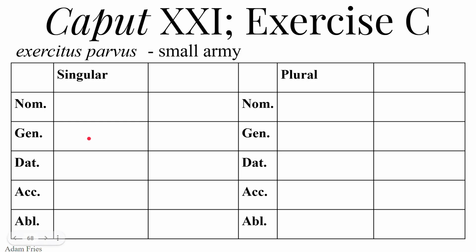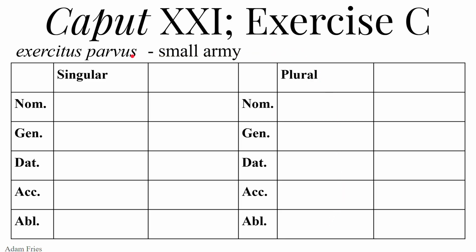When you add the fourth declension masculine endings, you get exercitus, exercitus, exercitui, exercitum, exercitu, exercitus, exercituum, exercitibus, exercitus, exercitibus.